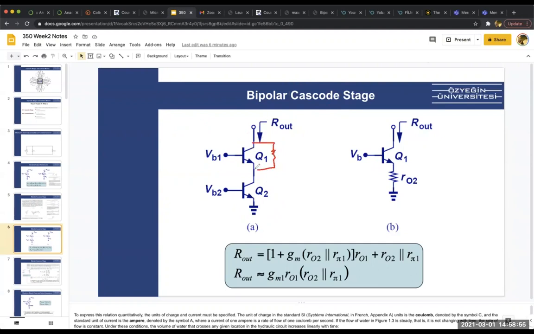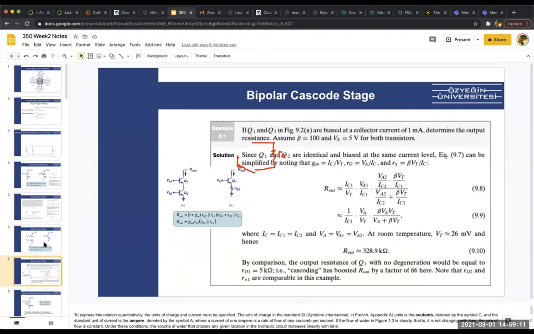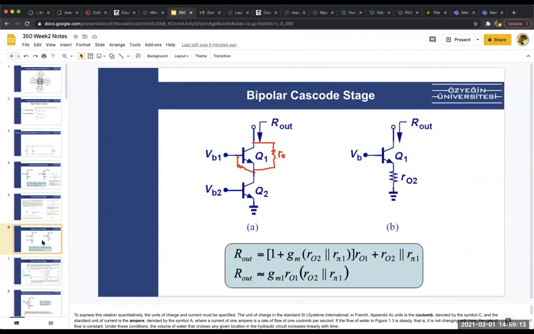If you draw the small signal, there is an RO here and then an R pi here. I didn't attach the small signal model, but you'll see that the RO of this transistor will make the R out much bigger.